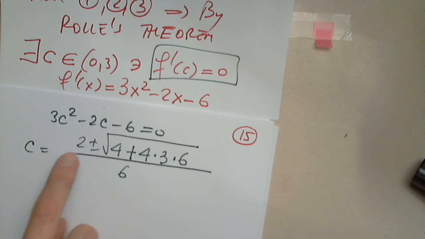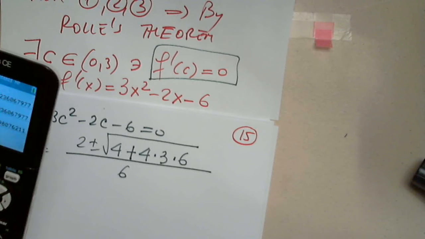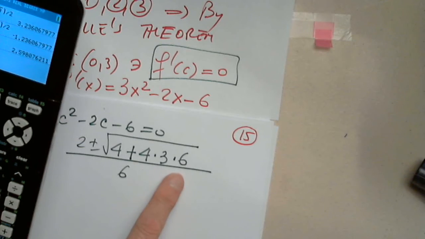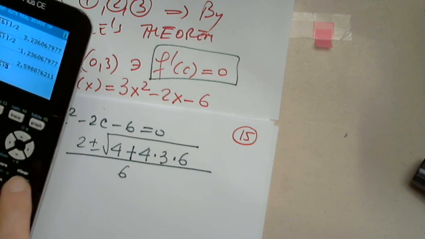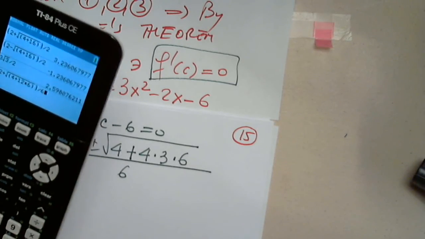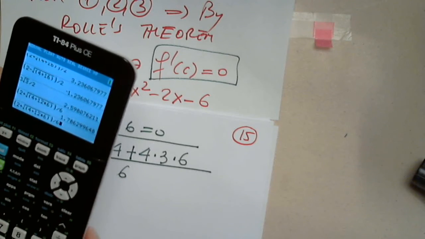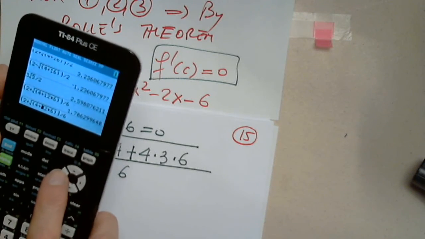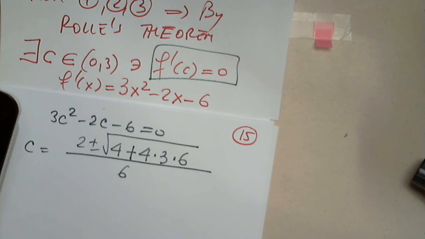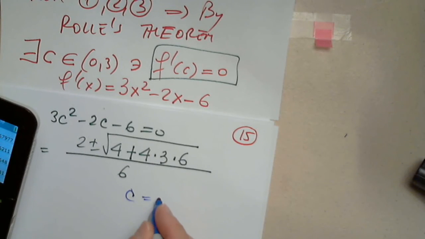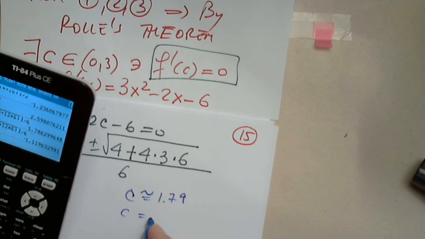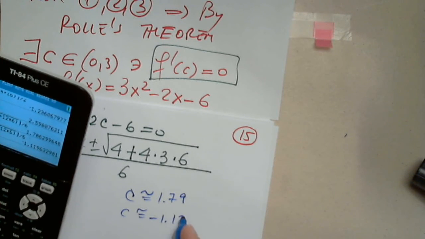So parenthesis 2 plus the square root in parentheses, that's 4 plus 12 times 6, close the parenthesis outside and divide by 6, 2 times 3, yes. I repeat, overriding plus by minus, and I got two solutions. c equals 1.79 approximately, and c equals approximately negative 1.12.